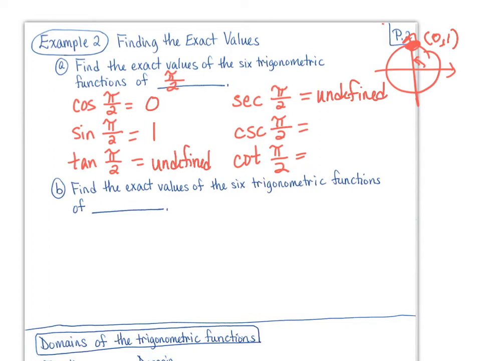Do you need me to write this down? Yes? Okay. So you have 1 over sine of pi halves. Sine of pi halves is 1, so we get 1 over 1, which is 1. Cotangent of pi halves is what?